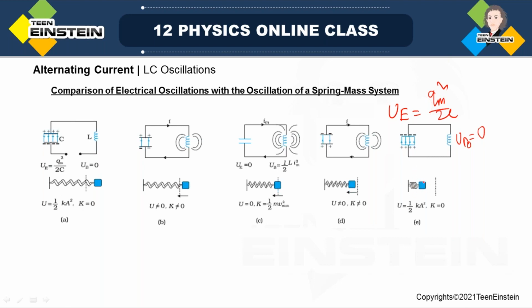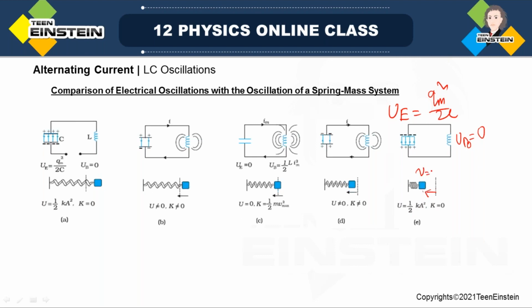You look here in the mechanical system, the block is now compressing the spring, and that is the maximum amplitude in the opposite direction. So the whole energy at this particular configuration will be the potential energy, which is half k a square, stored in the spring.